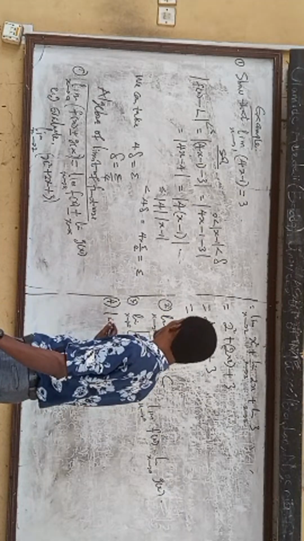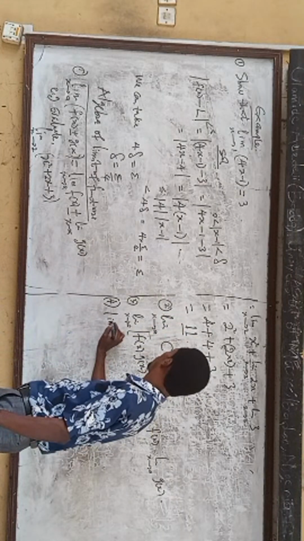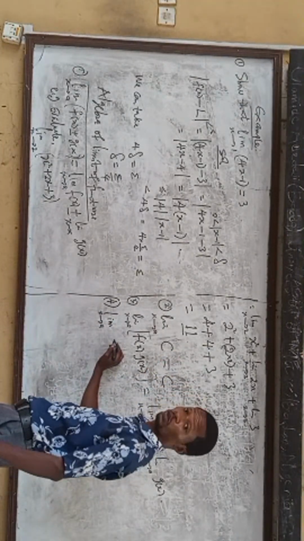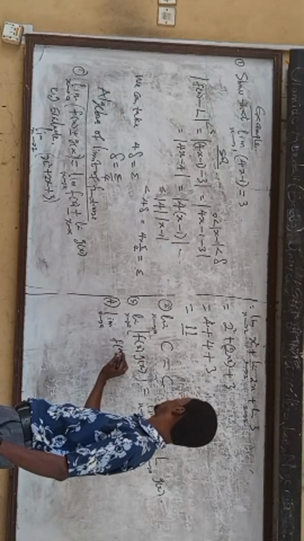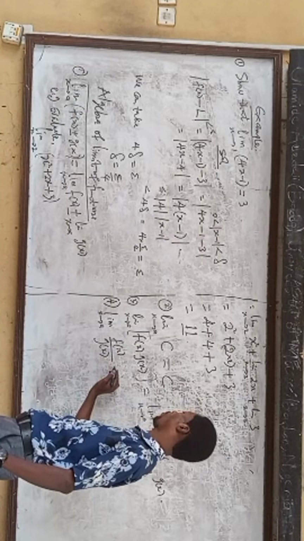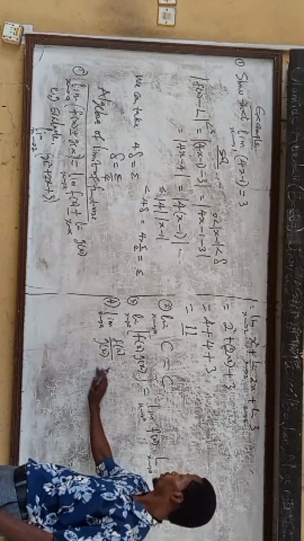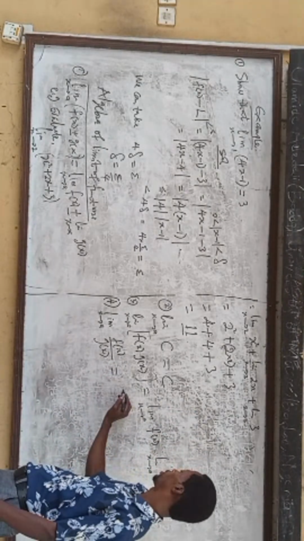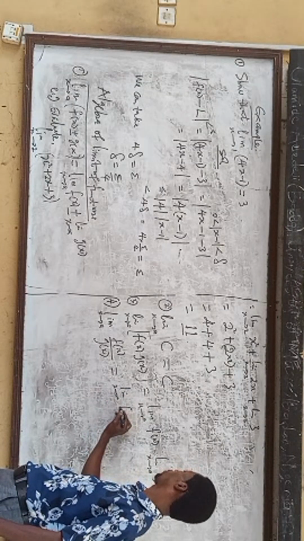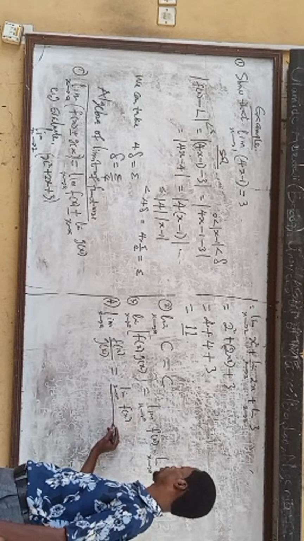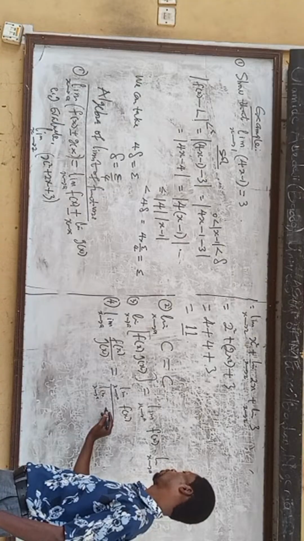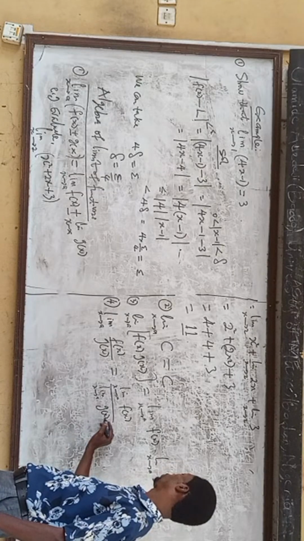Then we have, if you take the limit as x tends to a of the quotient f of x divided by g of x, it is the same thing as the quotient of the limits: limit as x goes to a of f of x over limit as x goes to a of g of x.